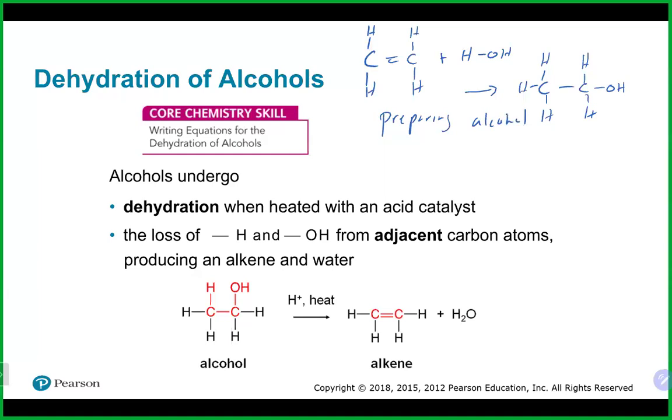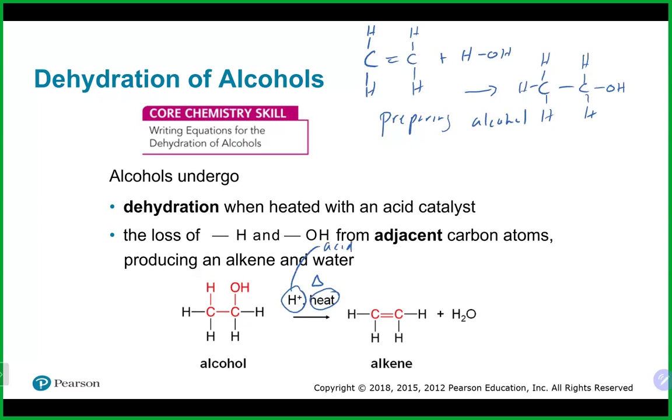We could also dehydrate an alcohol, and dehydration is the opposite of putting water on. It's taking water off. When we have an alcohol and we heat it up, which is sometimes abbreviated with a little triangle for heat, this just means that there's an acid involved as a catalyst.